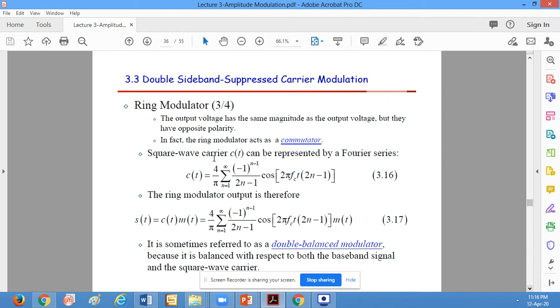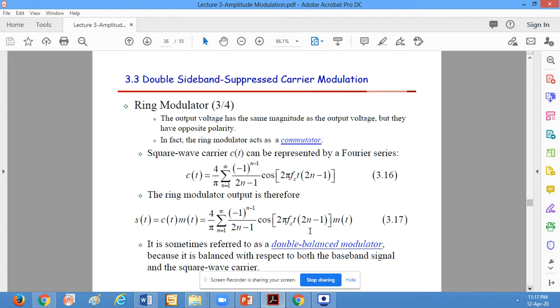The square wave carrier that we generated using the Fourier series in the previous lectures is what this represents. We calculated this using the Fourier series. The total DSB-SC signal, the multiplication of the carrier with the message signal, gives us these expressions. We call this the double balanced modulator.